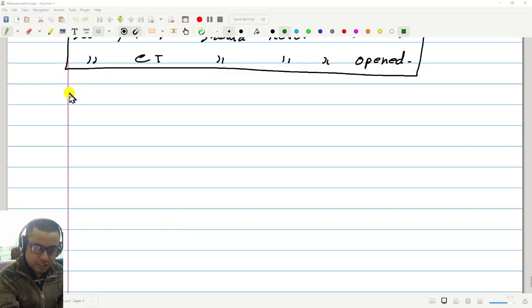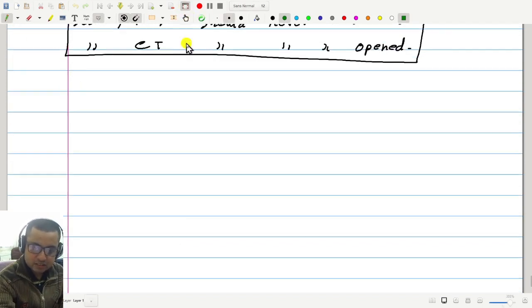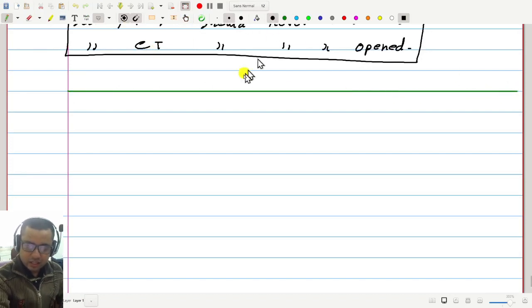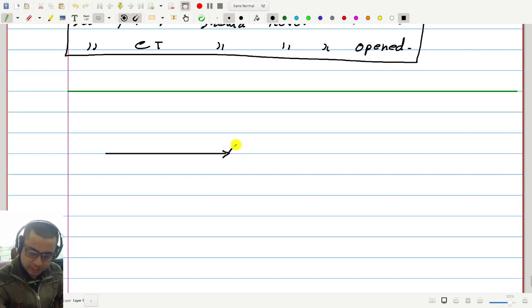To start with, let me first tell about one approximation that we will use again and again today. Suppose this is a phasor quantity, and to this phasor quantity I add another small phasor.